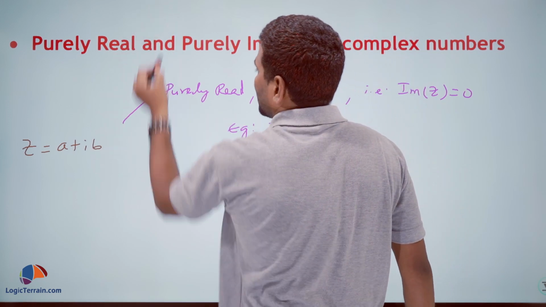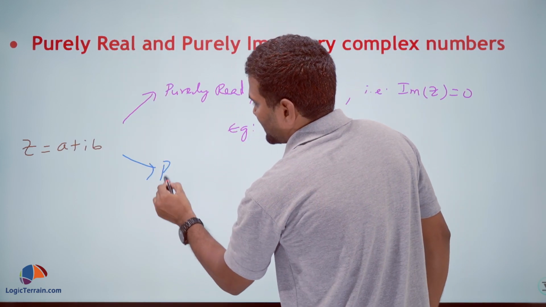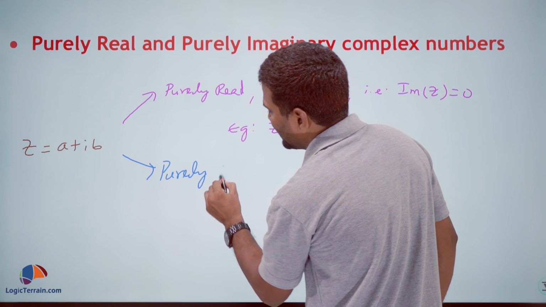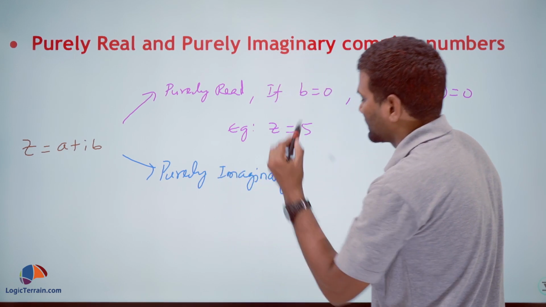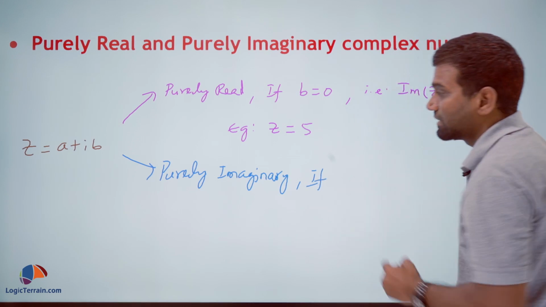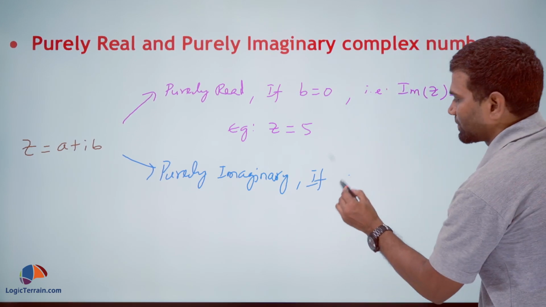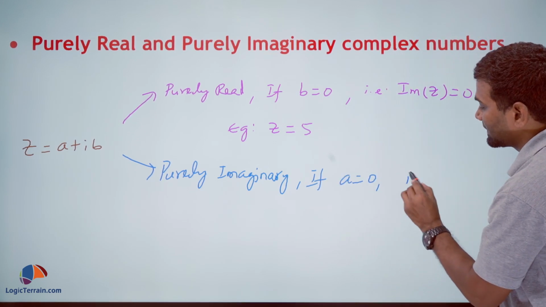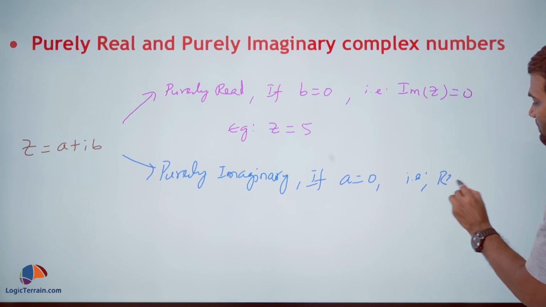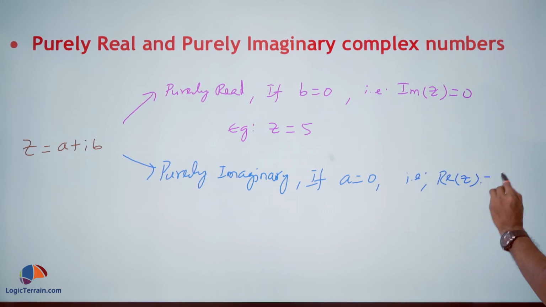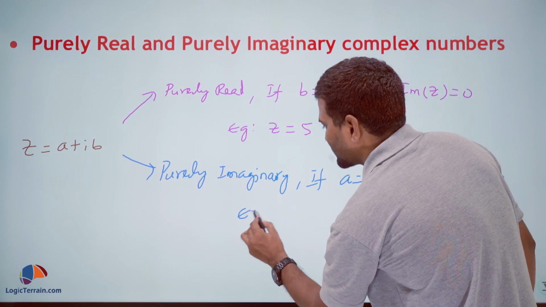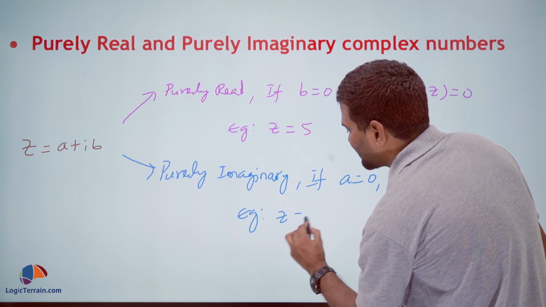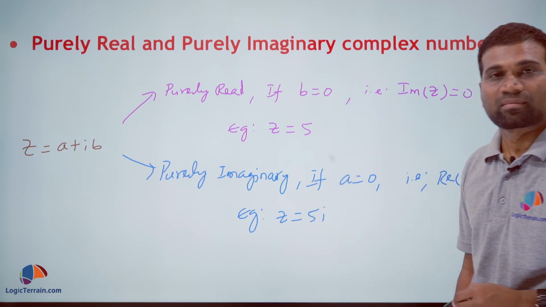And this is called purely imaginary if a = 0, that is, the real part of z is 0. For example, z = 5i.